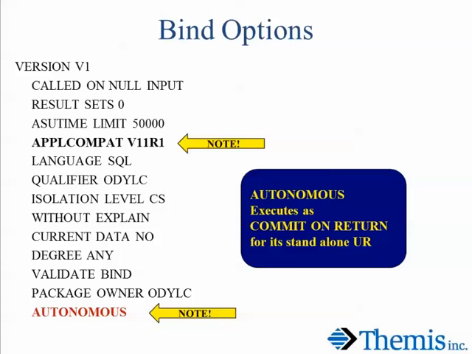It is its own standalone unit of recovery. So that commit does not affect the updates or inserts or deletes that the caller was processing. It is not part of the caller's unit of recovery. And if you don't hard code a commit inside the native SQL procedure, there is an implied one on return.